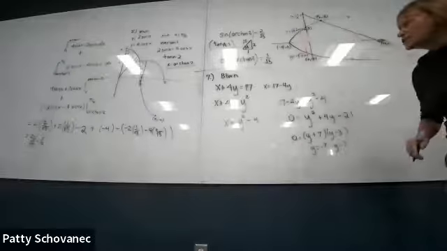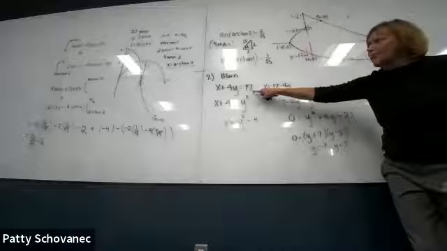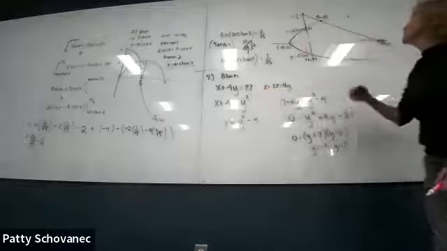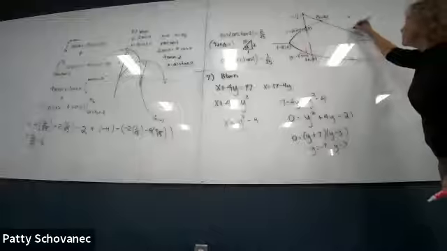I'm going to take the equation of the line and solve it for y. So I have 4y is 17 minus x. So y is 17 minus x over 4.